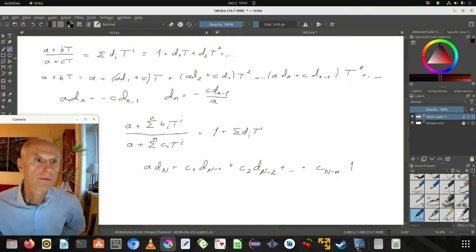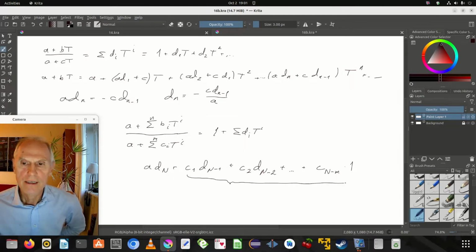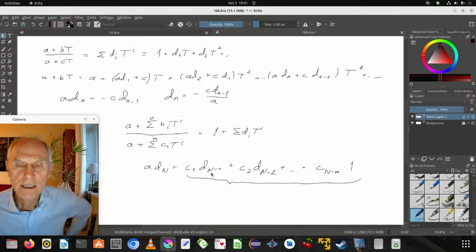So these are the guys I'm concentrating on. So I would like to have the same idea work, that eventually any prime power in A will be eliminated from the D's.